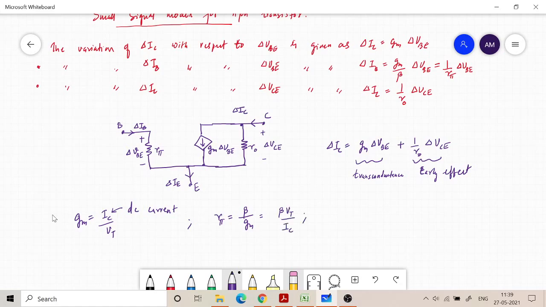Similarly, R naught is the ratio of early voltage by IC. You can see that IC appears everywhere, and this is also DC current.